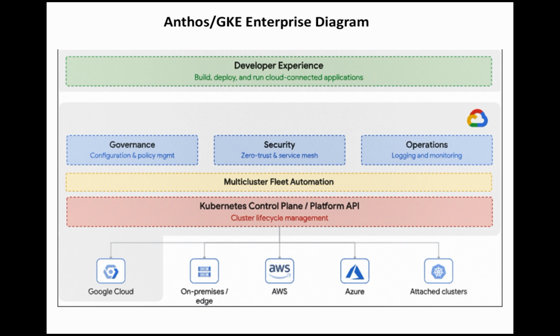That's the popular choice which Google has adopted. Another beautiful thing about the Anthos ecosystem is that in as many places as possible, it tries to leverage open source technologies, and Istio is a classic example.